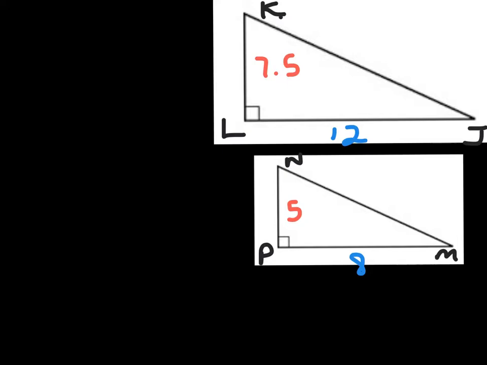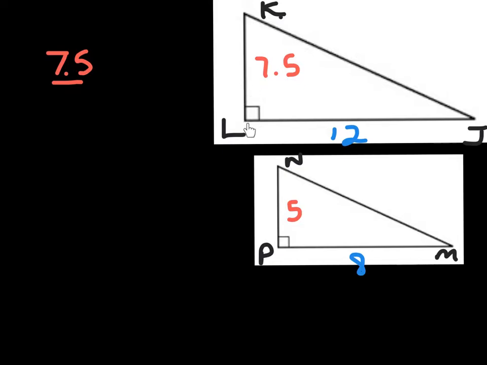What we're going to do is choose two sides that we know the measurements for. We know LK, we know LJ, so we're going to use those. I'm going to start with side LK, and I know that the measurement is 7.5. So I'm going to put 7.5 on top as I set up my proportion, and I need to put it over the corresponding side of the second triangle.